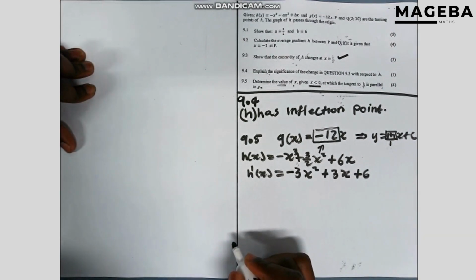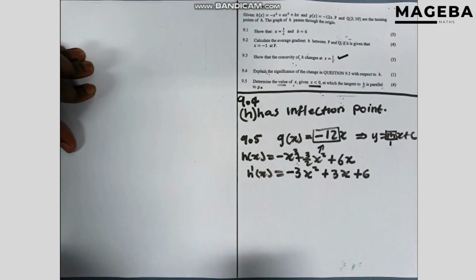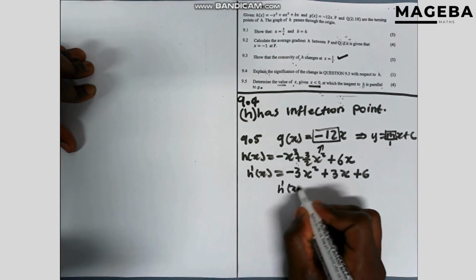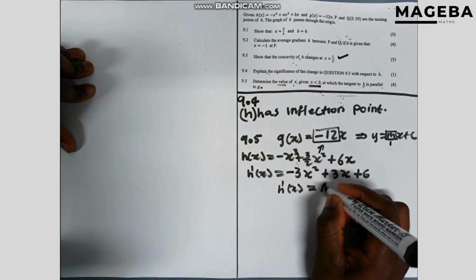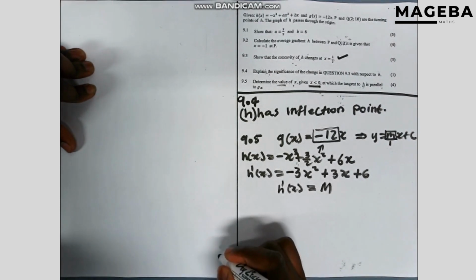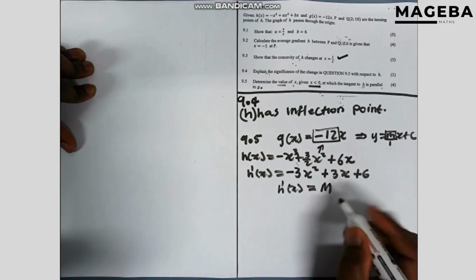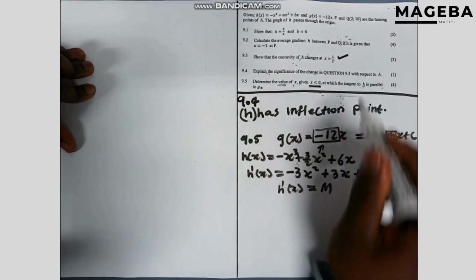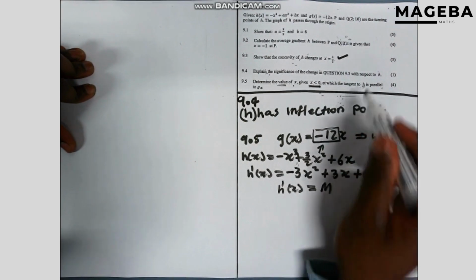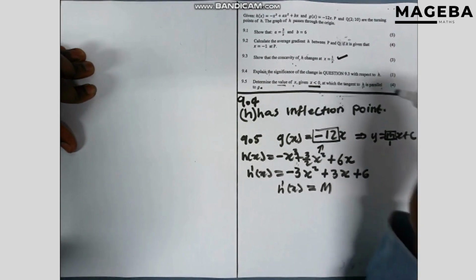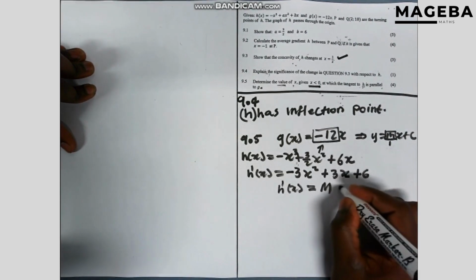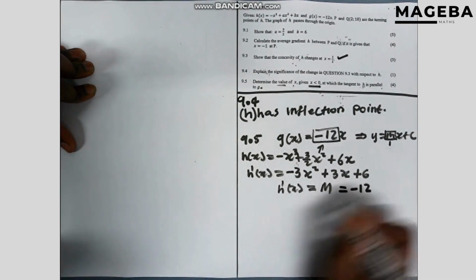Now after deriving, we are finding the equation of what? Of the tangent. Now h prime of x is equal to the gradient. But now we know they told us that the tangent to h that we are looking for is parallel to g. So we know the gradient of g, so our gradient is going to be negative 12.